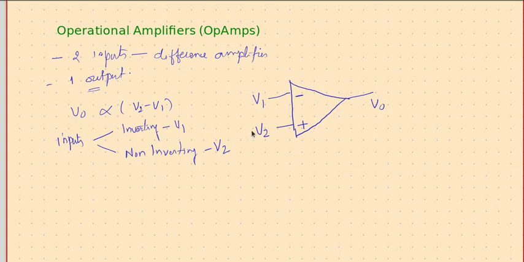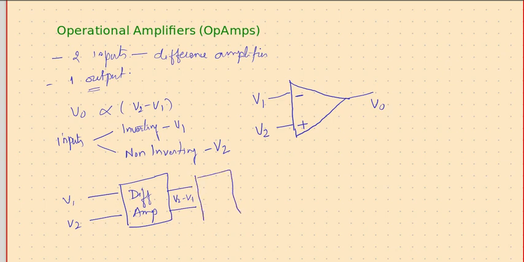So the internal structure: the two inputs V1, V2 are applied to a differential amplifier, that means which gets an output as the difference, so V2 minus V1.